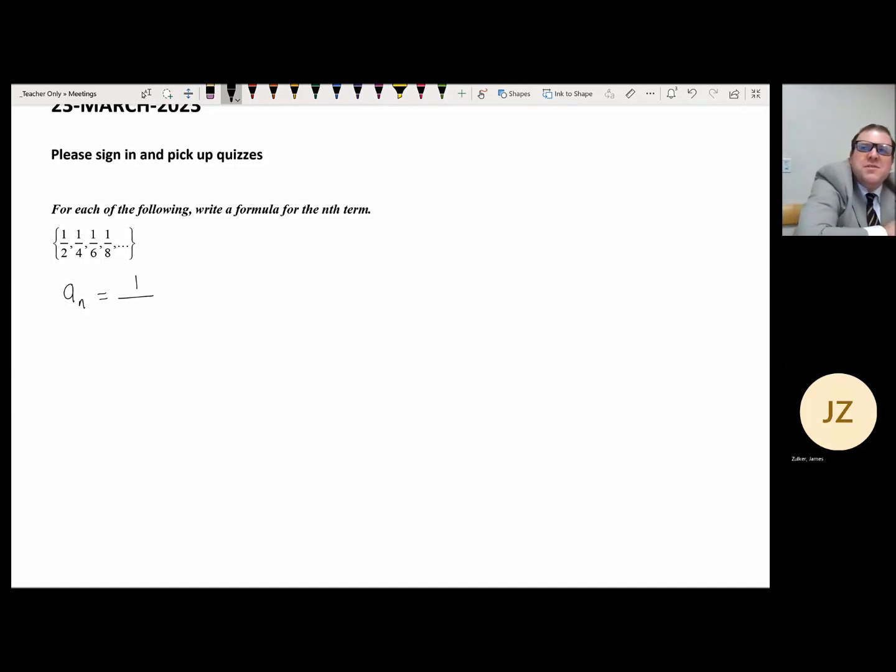What do we notice about the terms in the denominator? They're all even. Specifically, it's every even term.